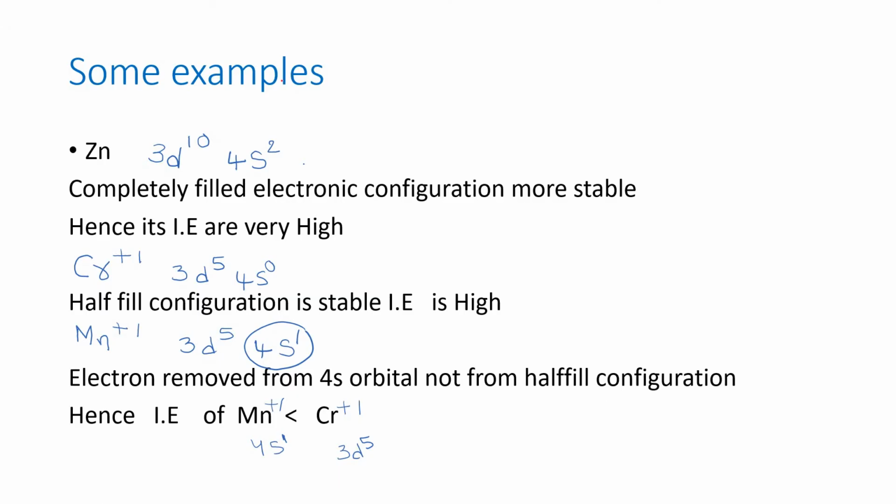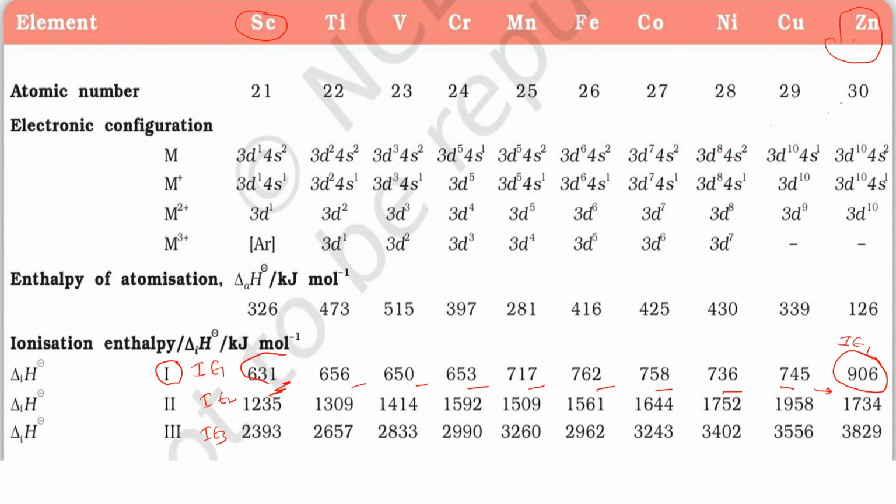Zinc has a 3d10 4s2 configuration. 3d10 is a completely filled configuration, which requires high ionization energy, because a completely filled configuration is very, very stable. So it requires more ionization energy. That is the reason we got 906 for IE1 of zinc.